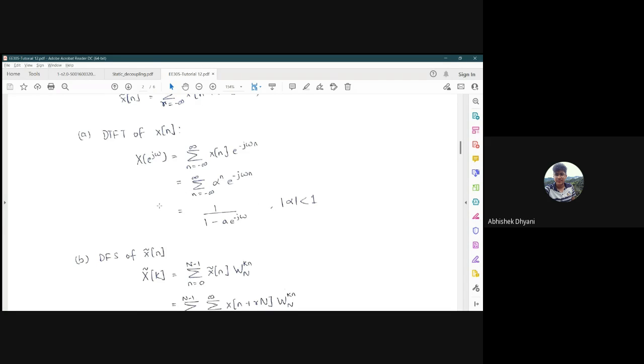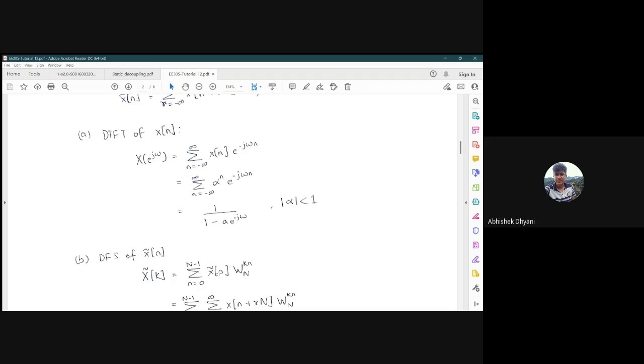In calculating the DFS of x tilde n, we have capital X tilde k, which is the discrete Fourier series coefficient. How do we obtain this? We take the summation from 0 to N minus 1, because x tilde n is periodic, and 0 to N minus 1 contains all the samples of the sequence.